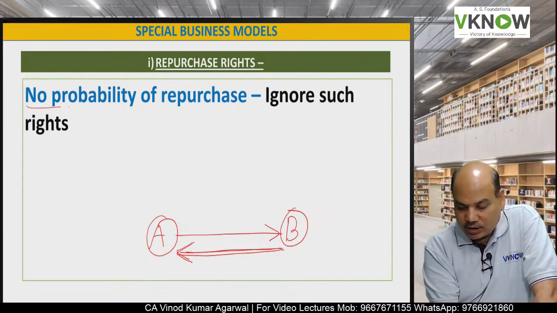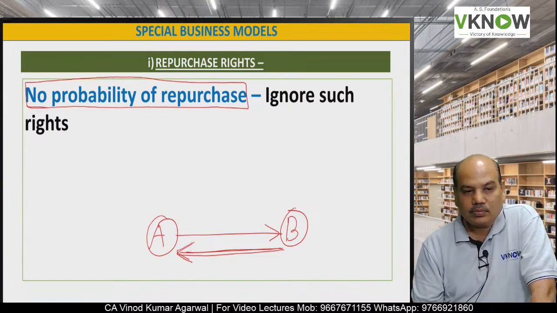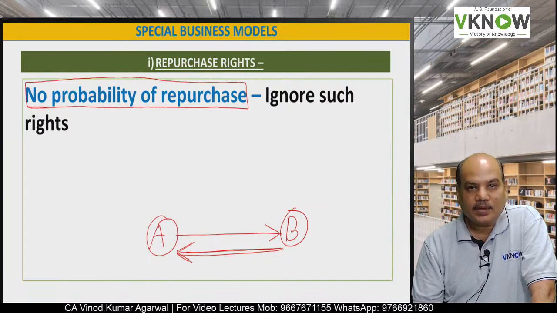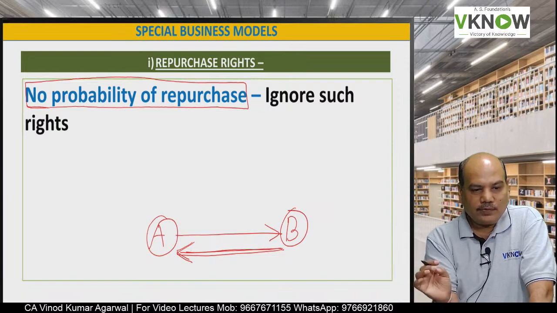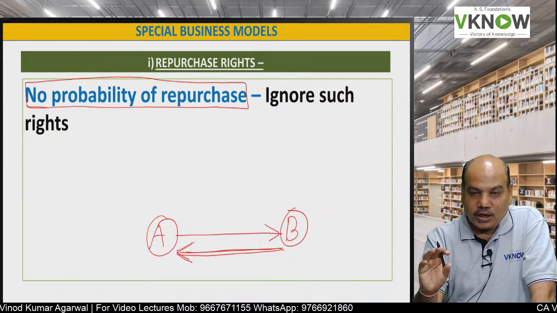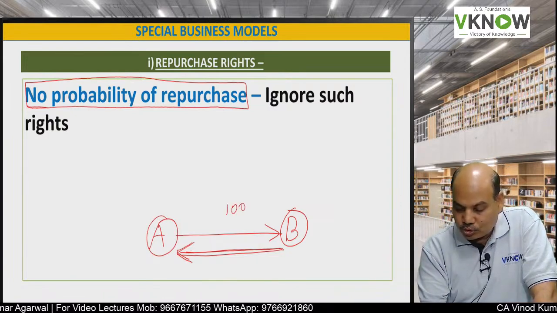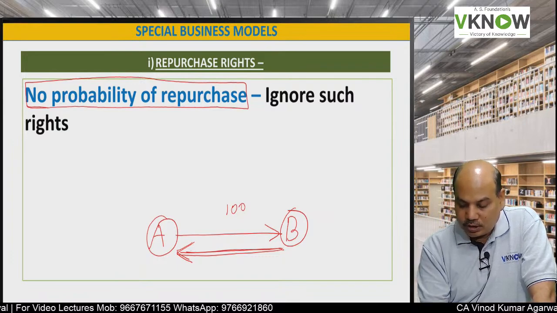First of all, if there is a repurchase right but there is no probability of repurchase, it's only in theory that there is a repurchase right, but you know that this repurchase is not going to happen.